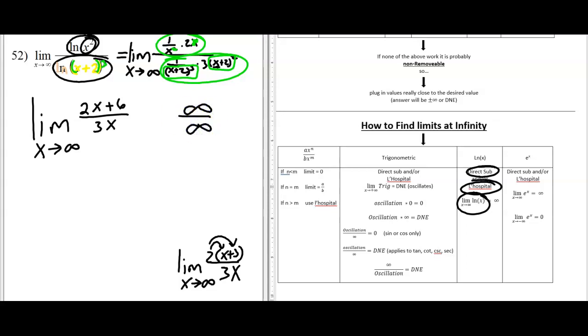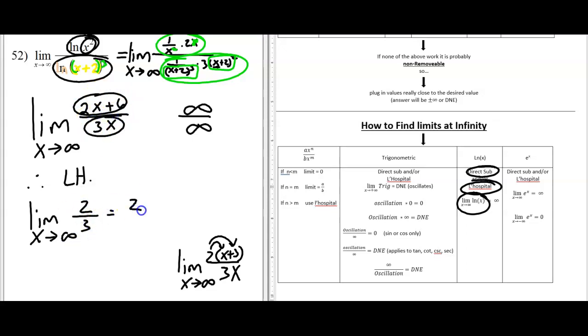All right? Because 2 times infinity is infinity, and if you add 6 to it, you get infinity. And if you plug it into the bottom, 3 times infinity is also infinity. So we still got infinity. So we got L'Hopital again. So therefore, by L'Hopital, we're going to say that the limit then as x approaches infinity is going to be the derivative of the top, which is 2, over the derivative of the bottom, which is 3. And since it's just a constant, that's your answer.